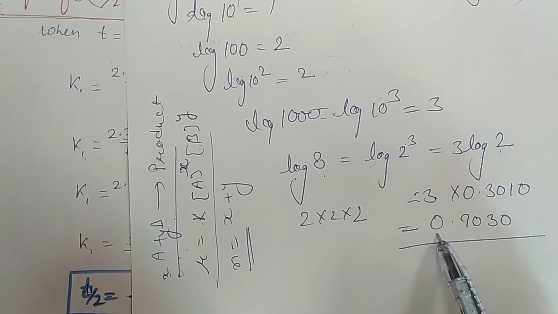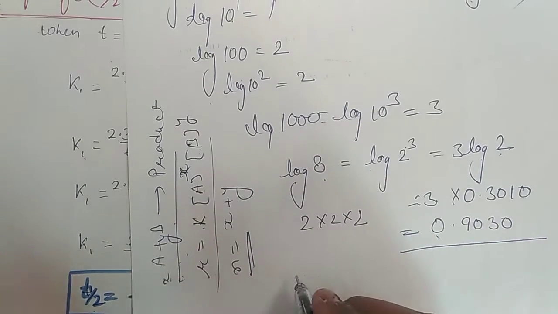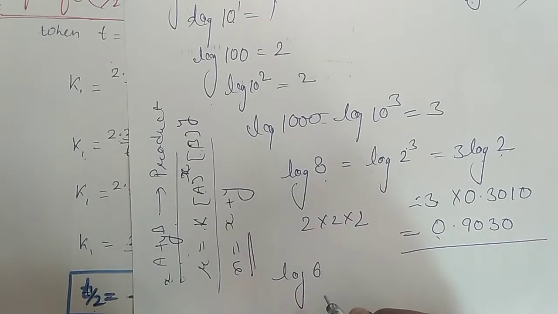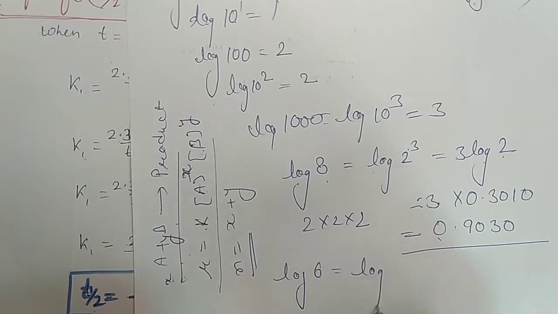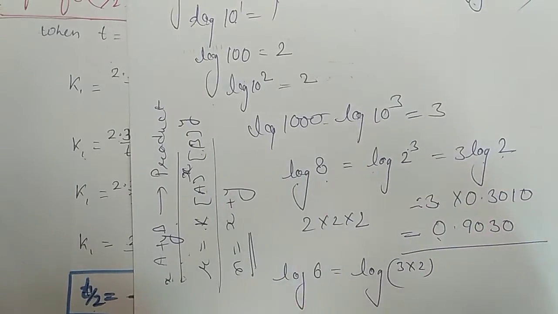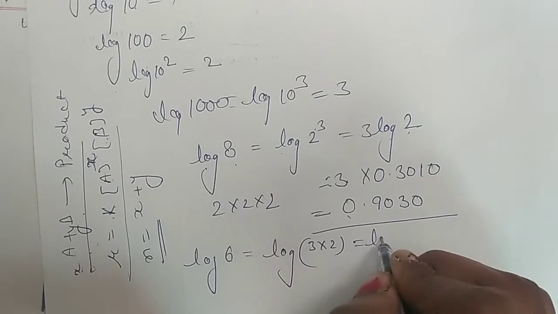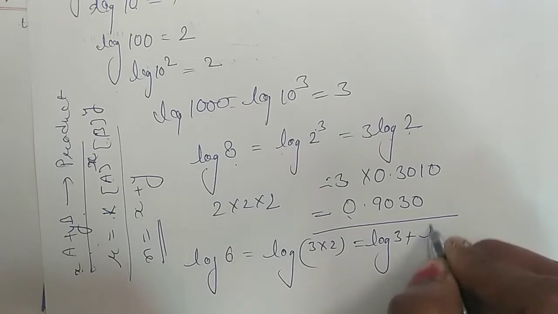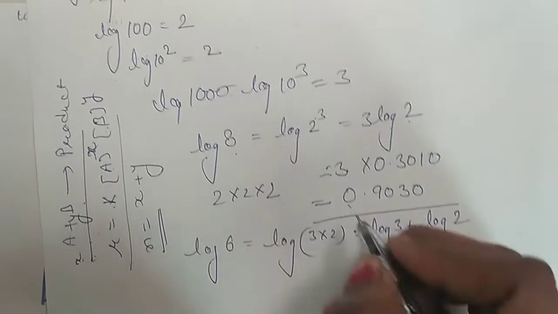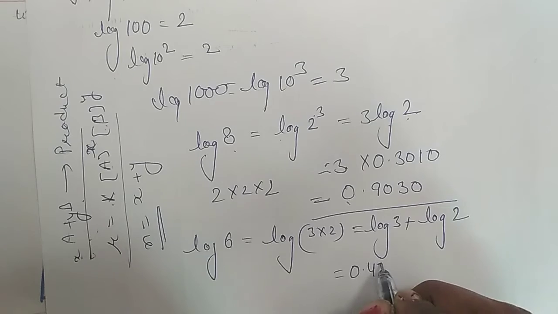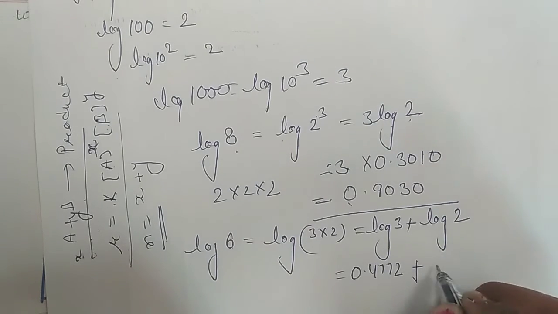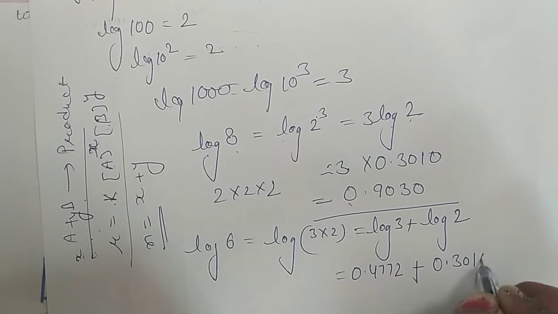This is the process to calculate values if we want the value of log 6. Log 6 means log 3 into 2, so we can say log 3 plus log 2. Log 3 means 0.4772 plus log 2 means 0.3010.